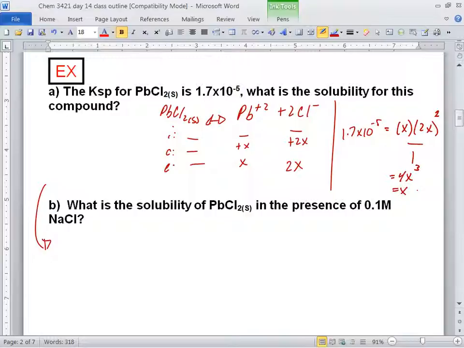And what's my x? Let's see who wins here. So divide 1.7 times 10 to the negative 5 by 4, take the cube root, and you get 0.016. And the units are? Big M. Good.